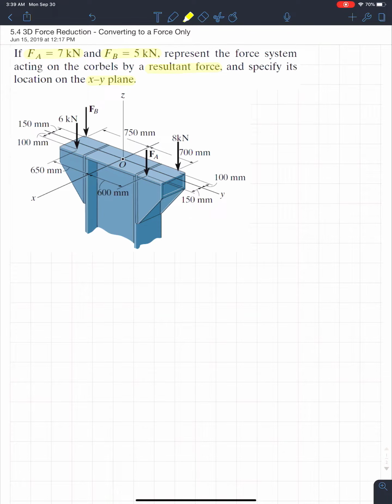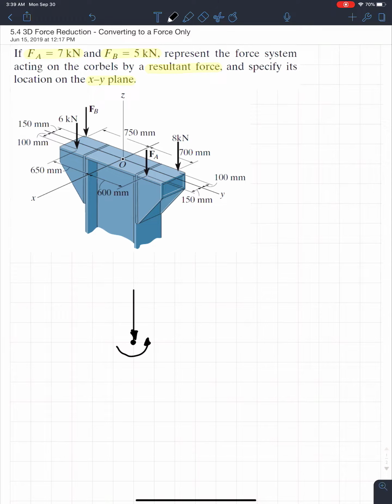For example, in 2D, let's say I have a point, and on that point I have a force, and I also have a moment.